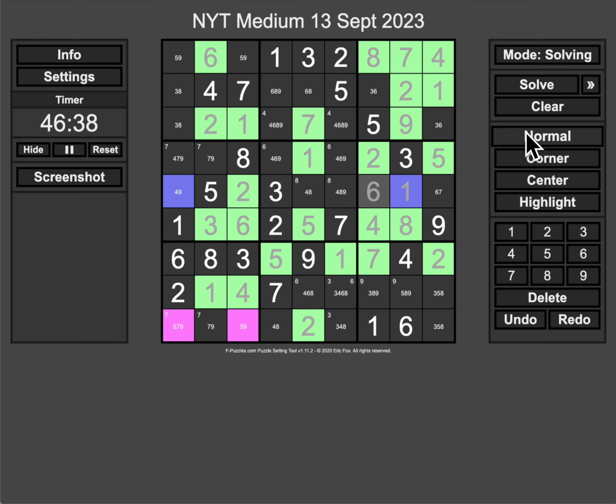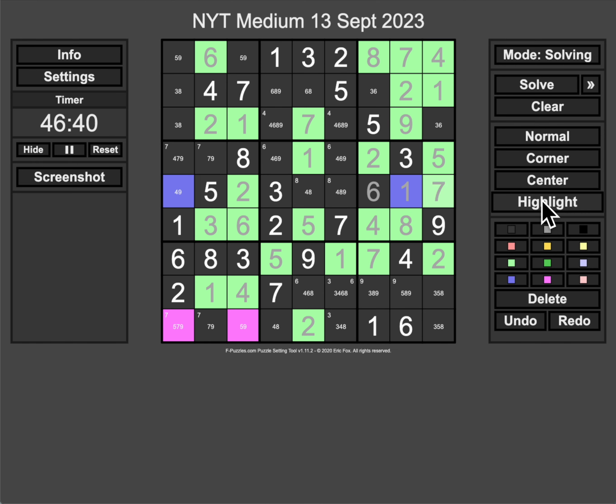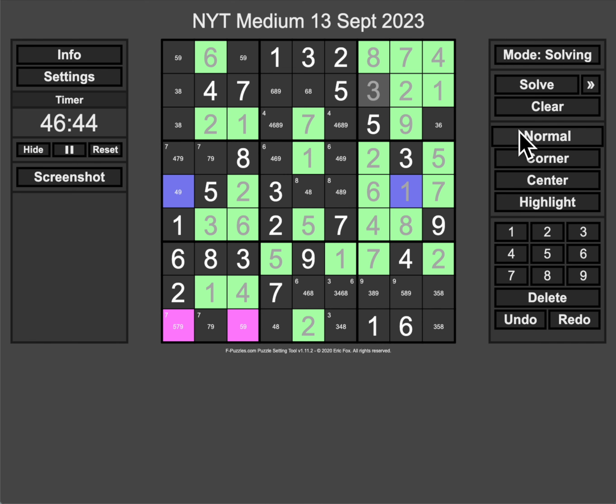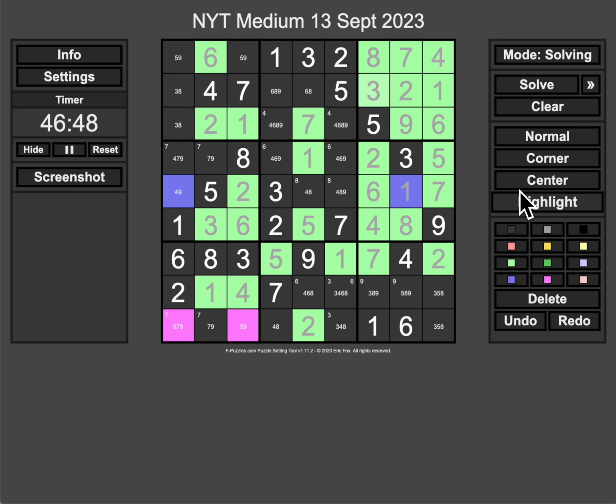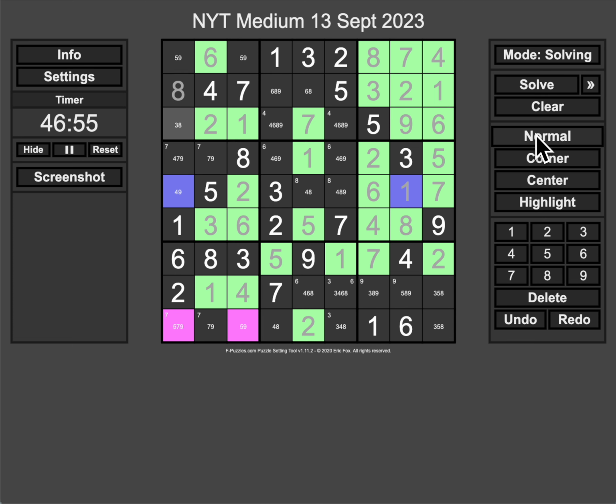Yes. 6, 7. 6 comes up here. That's 3, that's 6. That's 3. We'll sort out the 8, 3 down here. That 8, we'll sort out that to be 6 because it can't be 8.